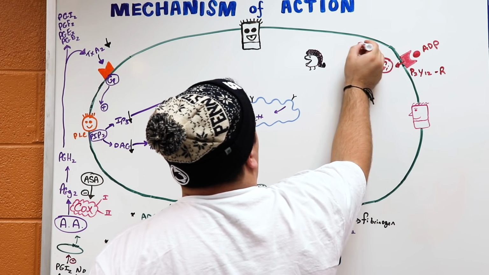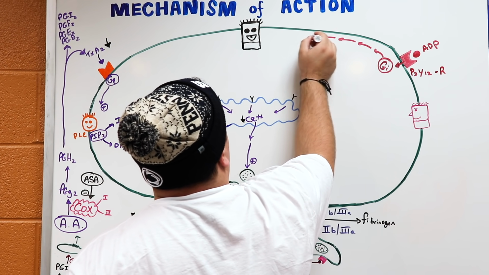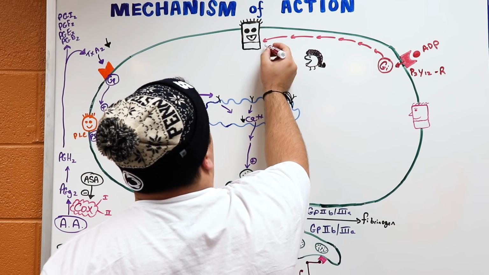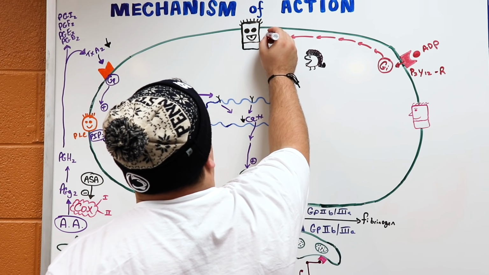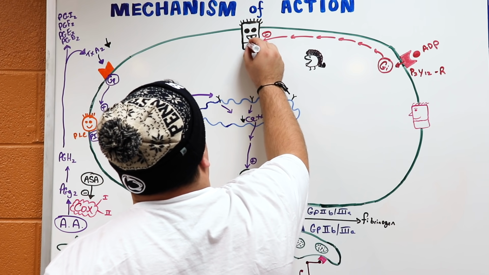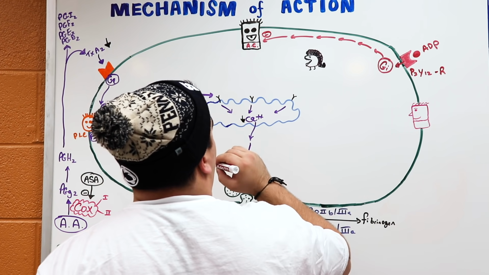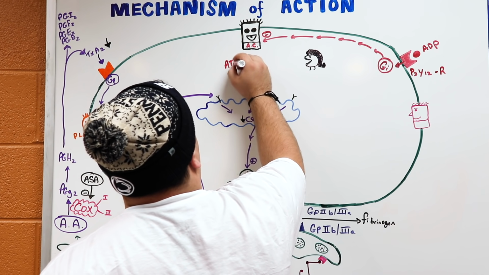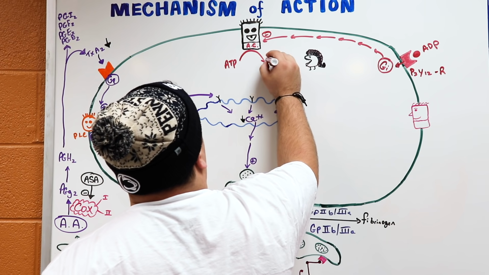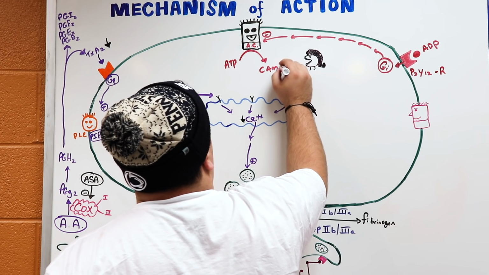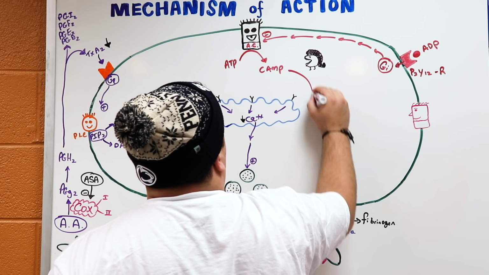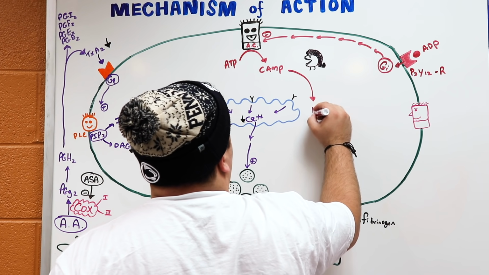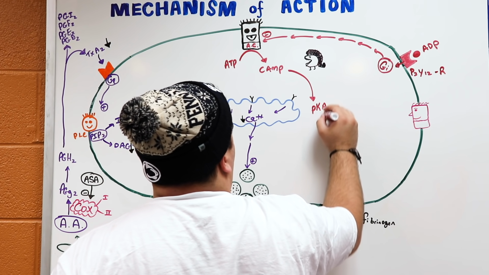It's going to move along the cell membrane, and it's going to inhibit this enzyme, right? What is this enzyme called? It's called adenylate cyclase. Adenylate cyclase is designed to take ATP and convert it into cyclic AMP. And then cyclic AMP will activate a specific enzyme called protein kinase A.